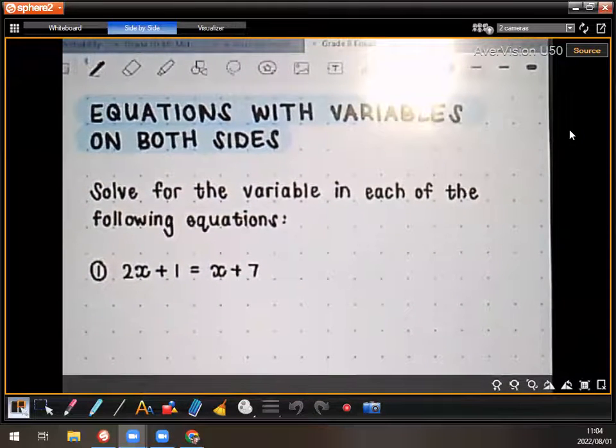Okay, that is the first example: 2x plus 1 is equal to x plus 7.